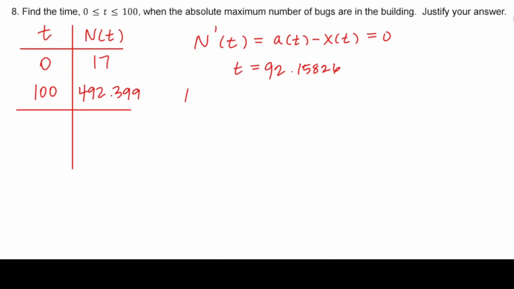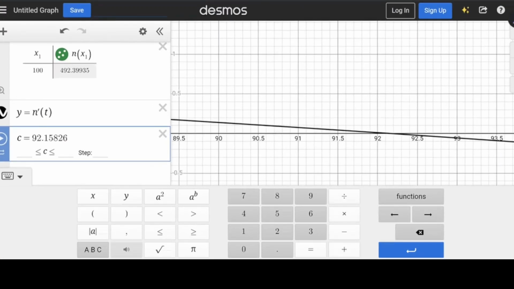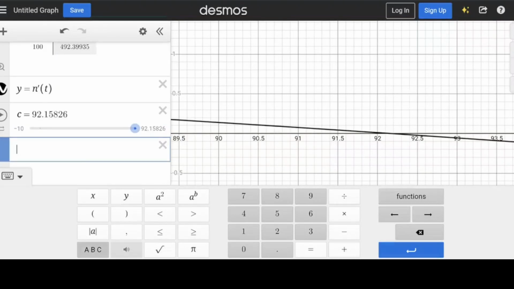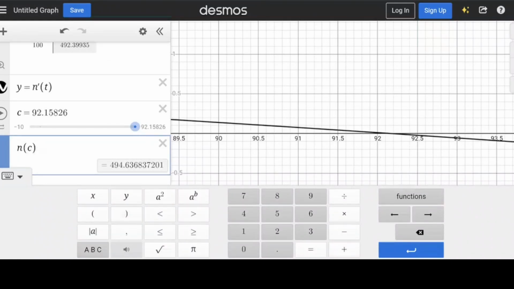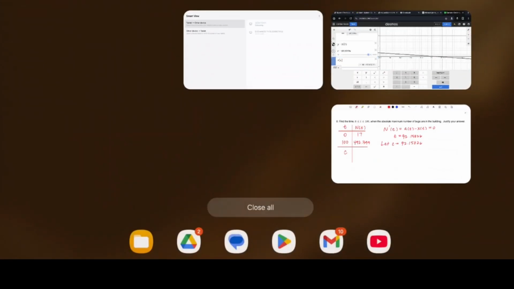But I'm just going to say let C equal 92.15826. I'm going to check n of C, and we can go back to our calculator and evaluate n at time t equals C, and that's where I get 494.637 bugs.